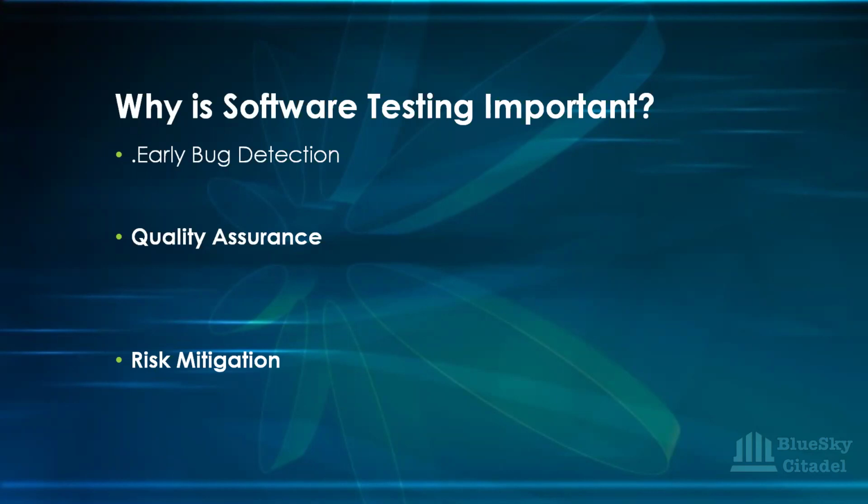And some of the benefits, amongst others, of early bug detection include higher quality products from the start, because with the bugs being detected early, whatever we are building, that application will be as good from the beginning, unlike detecting the bugs later.